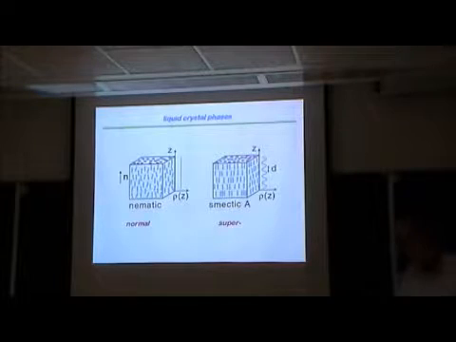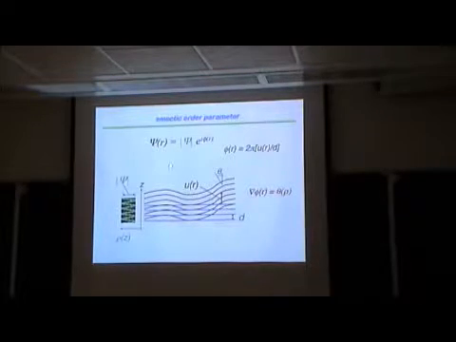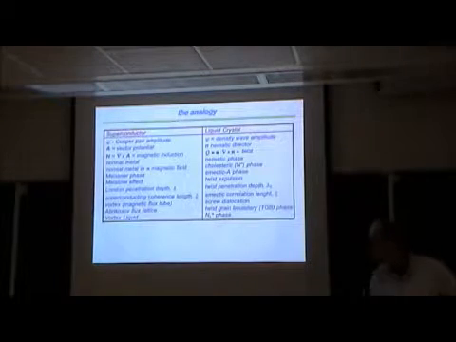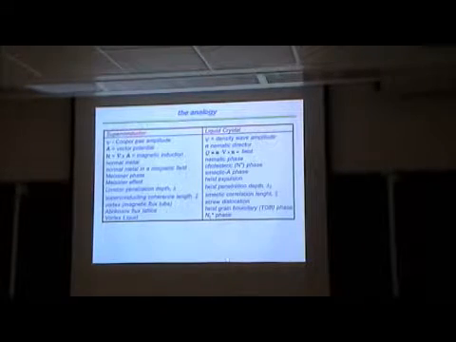So de Gennes argued that this density wave is formally analogous to the ground state wave function in a superconductor. And he built the theory of this. This summarizes the analogous elements in these two systems.